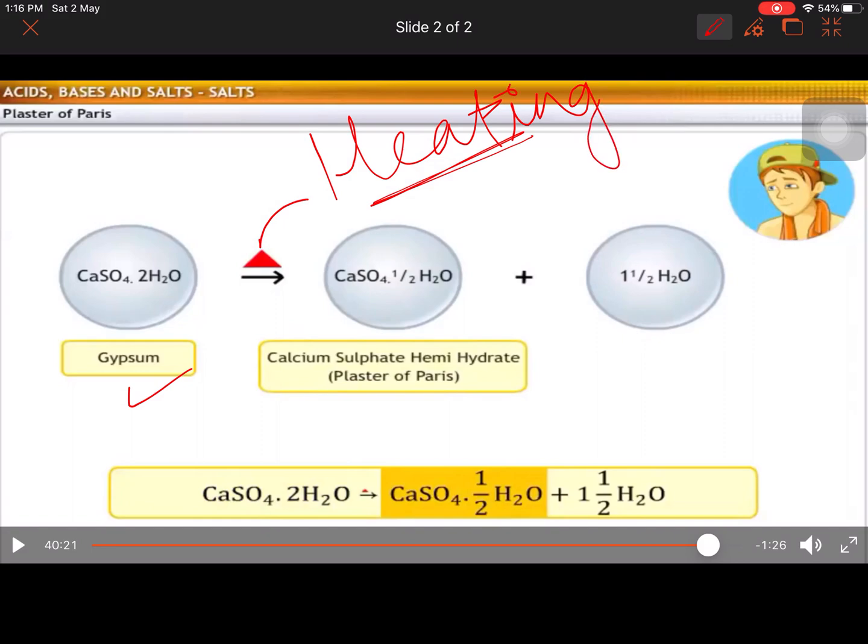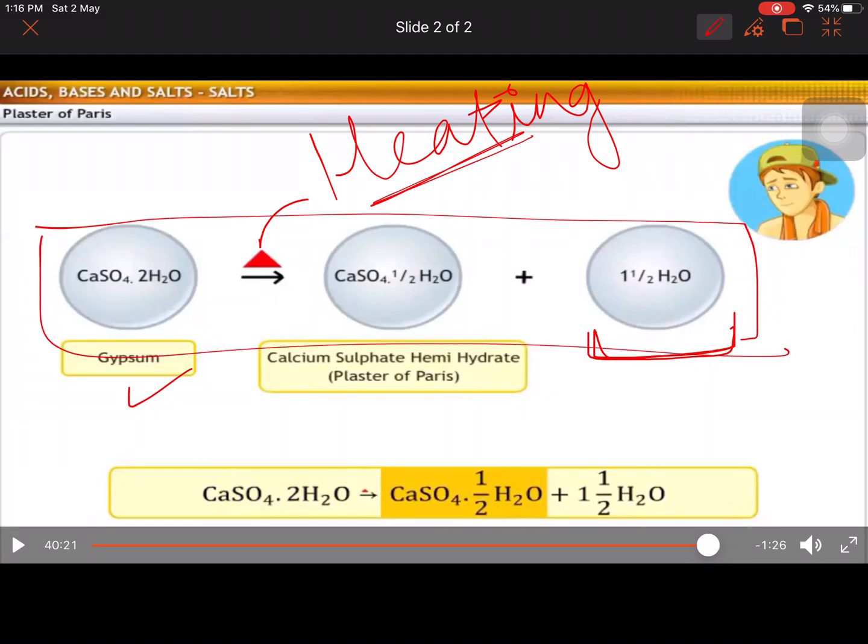You are heating this gypsum, and 1.5 water molecules get evaporated. This is the balanced equation for gypsum heating.